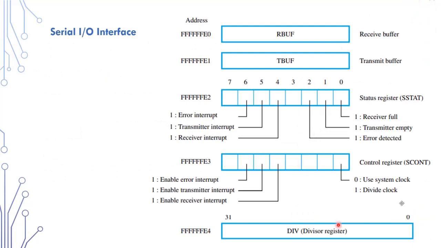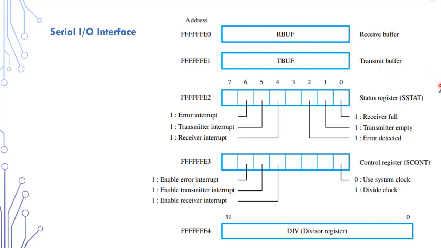The figure here shows the addressable registers on the serial interface. Input data are read from an 8-bit receive buffer and the output data are loaded to an 8-bit transmit buffer.